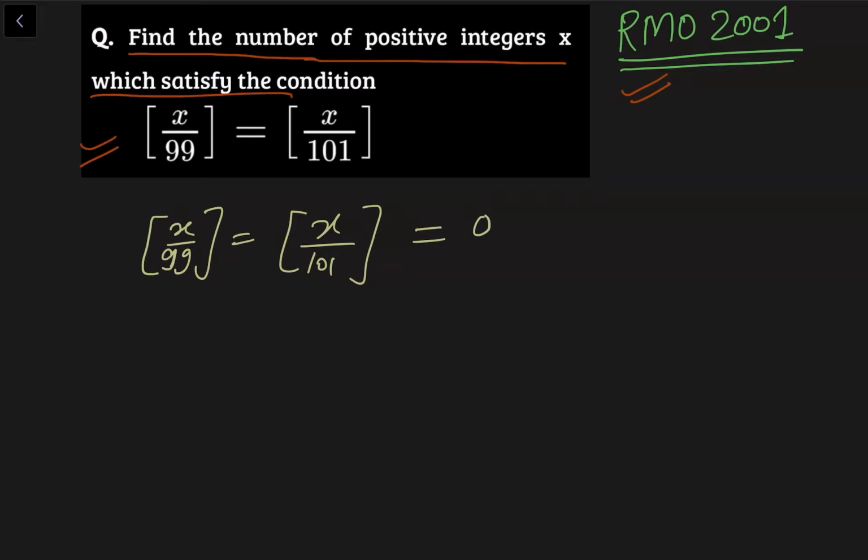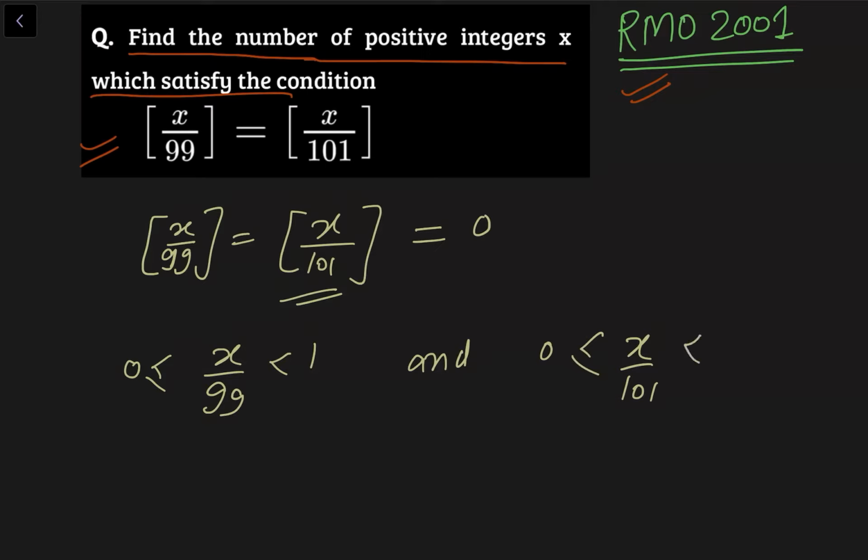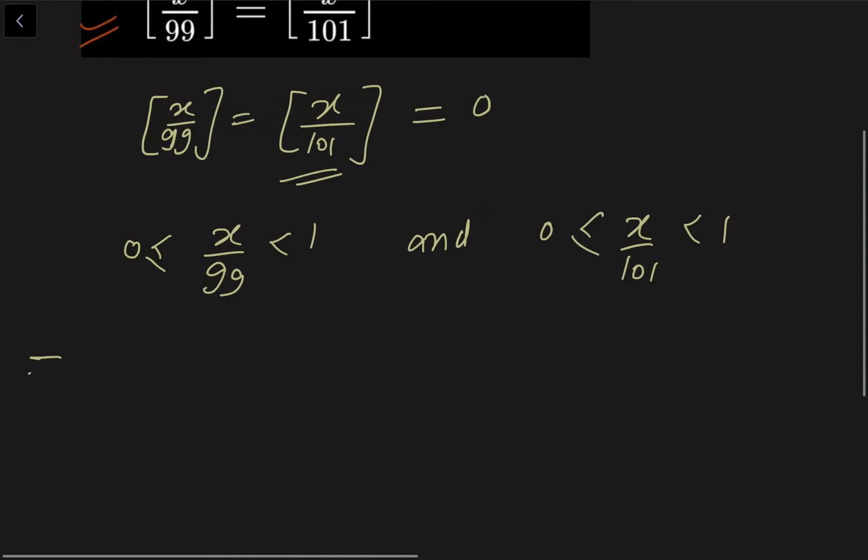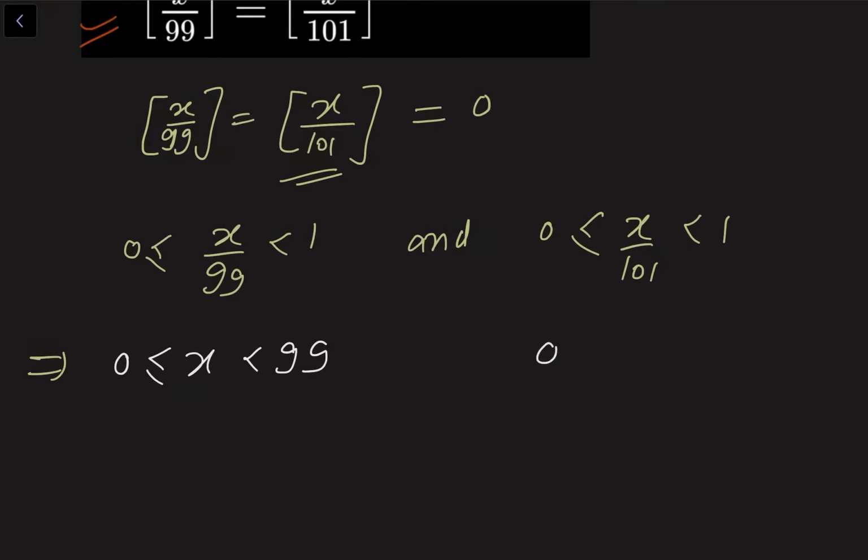This being equal to 0 means x by 99 lies between 0 and 1, and similarly x by 101 lies between 0 and 1. Multiplying by 99, x lies between 0 and 99, and multiplying by 101, x lies between 0 and 101.